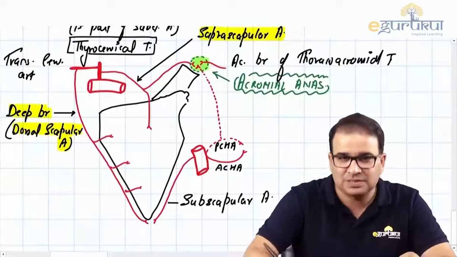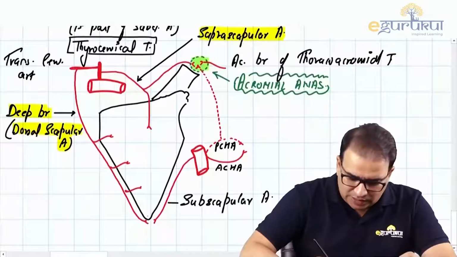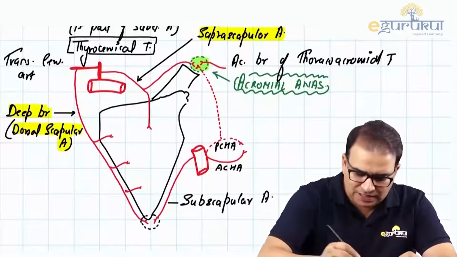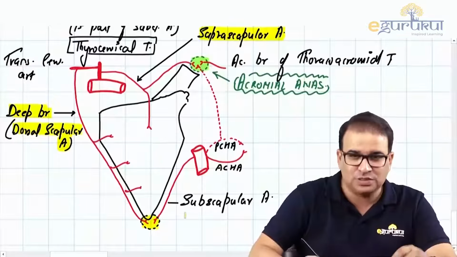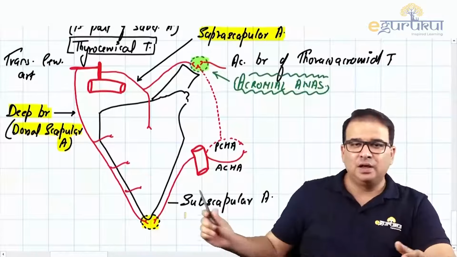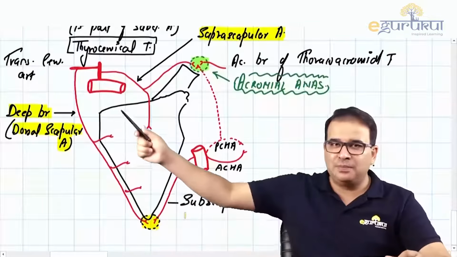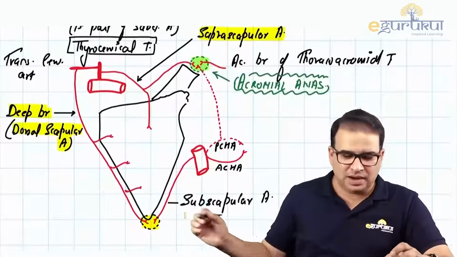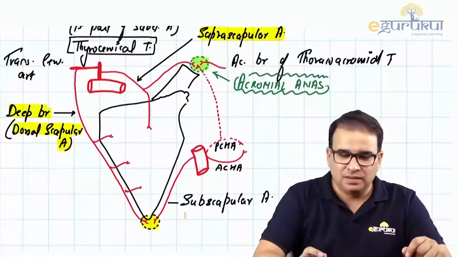And that's how there is an anastomosis formed at the inferior angle. Now even this question can be asked: what arteries are anastomosing at the inferior angle? You can see that one is a dorsal scapular, or you can say deep branch of transverse cervical, and from this side we have a suprascapular artery. They are anastomosing at the inferior angle.